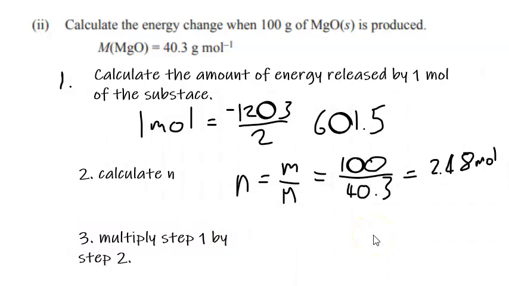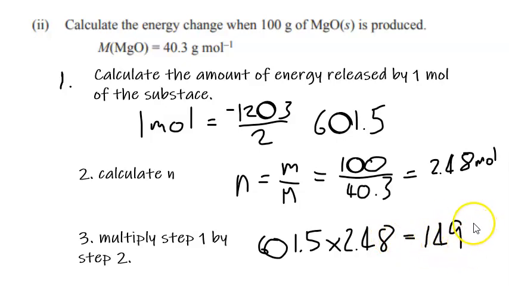If 1 mole releases 601.5 kilojoules, then to work out the amount of energy released by 2.48 mole, we just multiply them together. 601.5 times 2.48 equals about 1,492, and we'll round that to three significant figures, so 1,490 kilojoules.